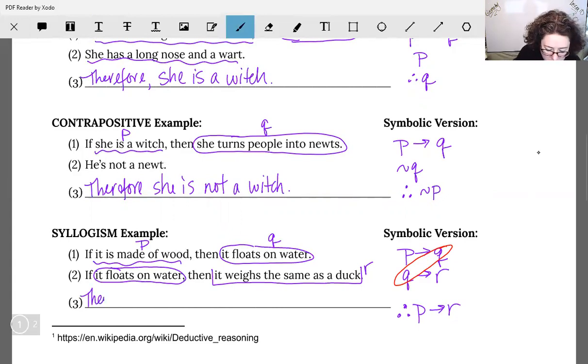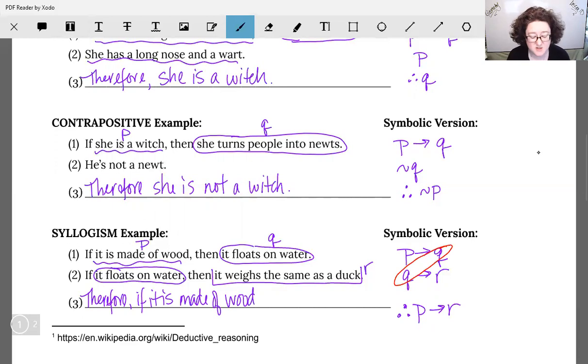So therefore, if it is made of wood, and I'm going to abbreviate a little bit because there's not a whole lot of space, then it weighs equals duck, because weighs the same as is equal to the weight of the duck. So again, syllogism, just like transitive property, we're just writing it out in words instead of using variables.